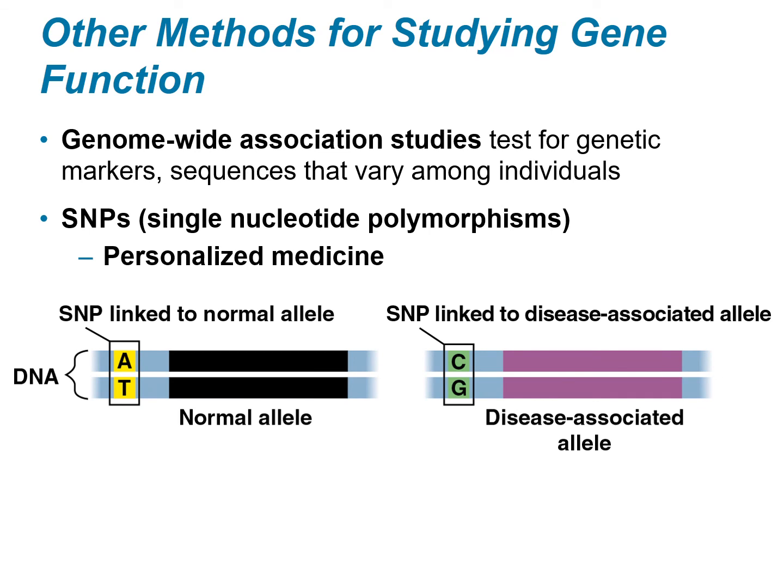So this shows an example of a SNP. Here we have a SNP that's linked to a normal allele causing no disease, but then let's say in this particular region in some individuals, instead of an A and a T base combination there, it's a C and a G. Some SNPs are associated with particular diseases. So if you can detect these SNPs, you can determine first whether an individual is going to be predisposed to have a disease, or this could be maybe not a disease-associated allele.